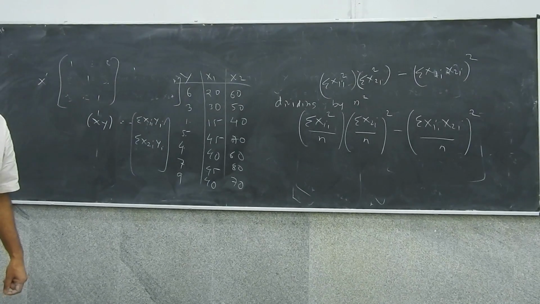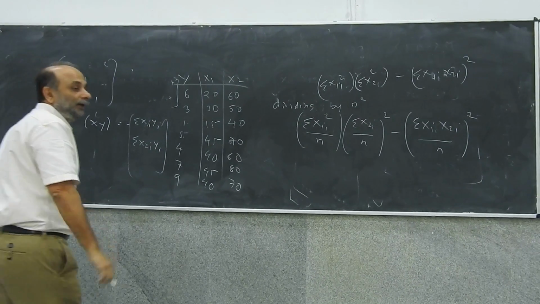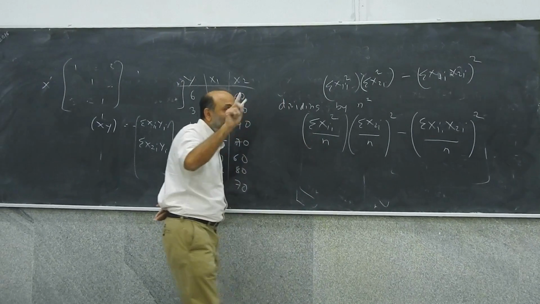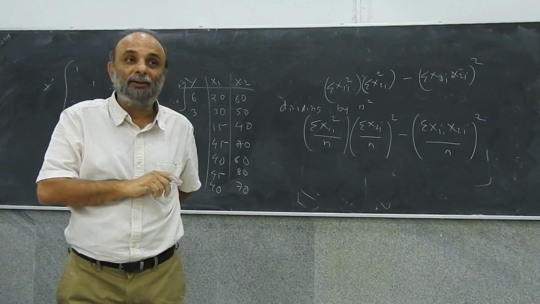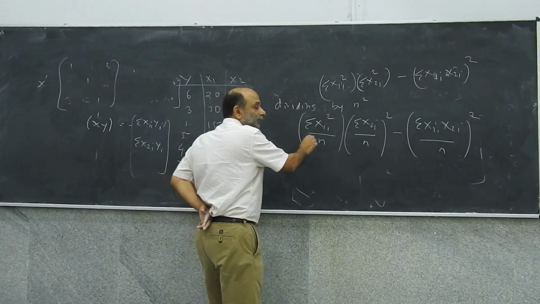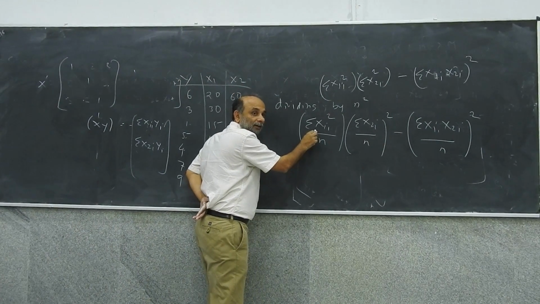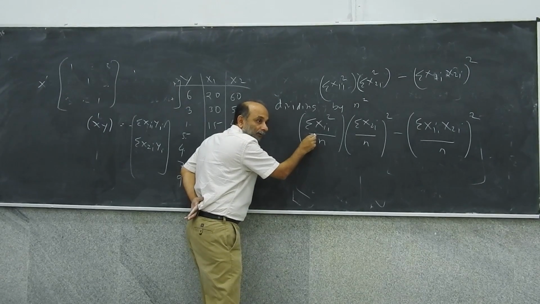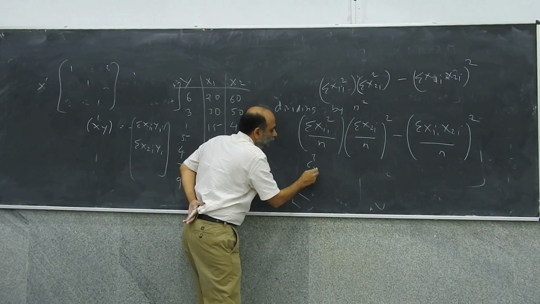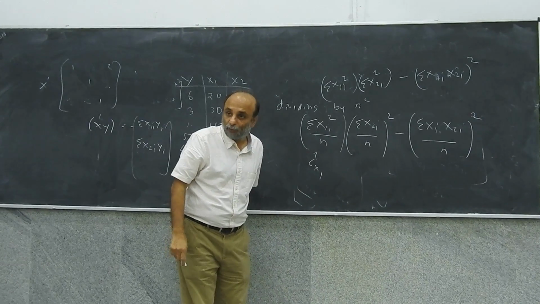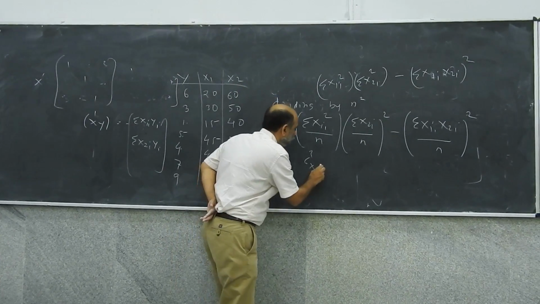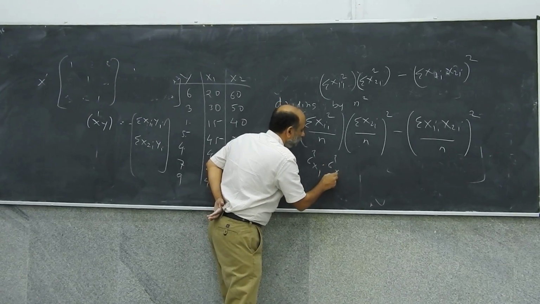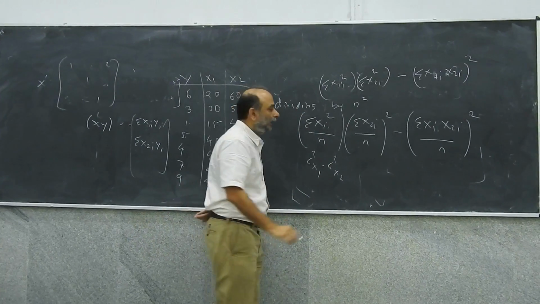Now, tell me one thing. What is this? These are all deviations from the mean. So what is this? Variance of x1, so sigma square x1. What is this? And what is this?